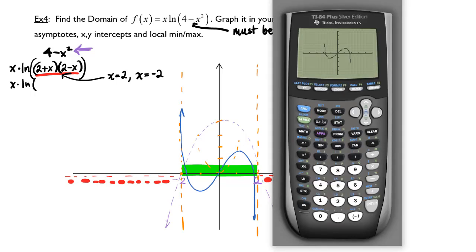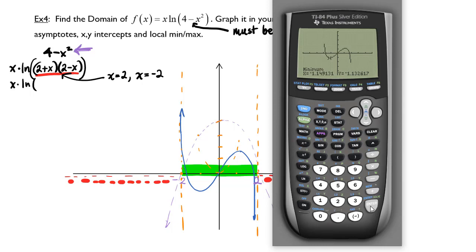So now let's find the maxes and mins. We'll do second, calc. We'll do the minimum first. We're asked for a left bound, so we'll go to the left of the low point and hit enter. Then we go to the right of the low point and hit enter, and then we guess the low point and hit enter a third time.